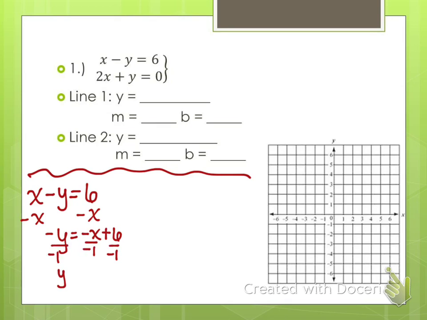If we divide everything by a negative, it's going to flip all of our signs. So the x is going to become positive. A negative over a negative is a positive, and that 6 becomes negative. So that can go on my top line. Y equals x minus 6.